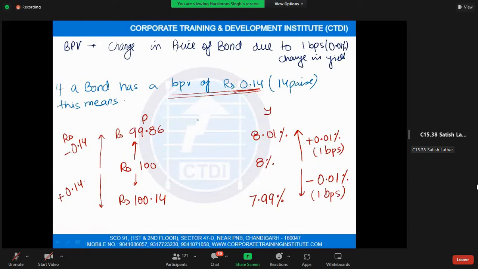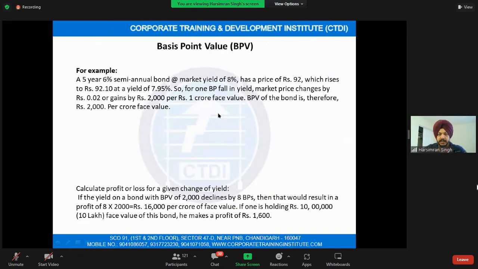Clear now? Okay, now everybody, I want you to solve this question. The solution is also given, but I want you to solve this question.